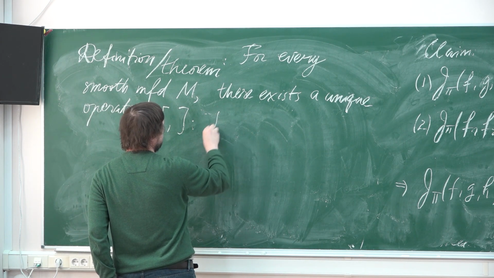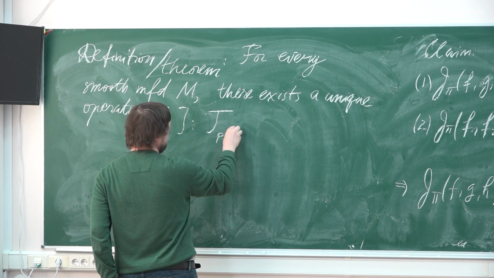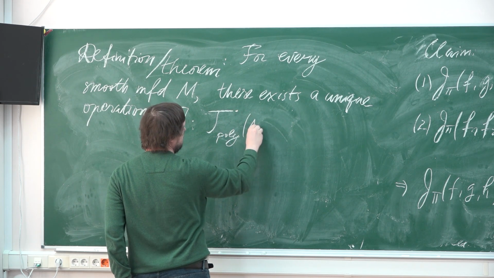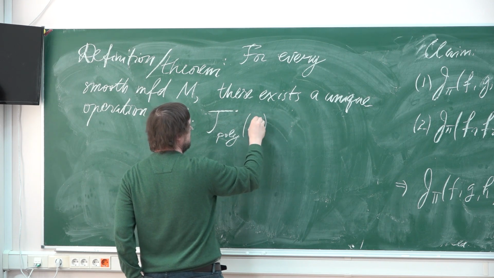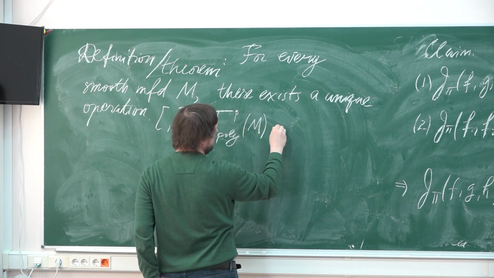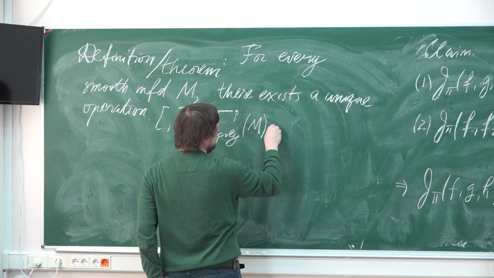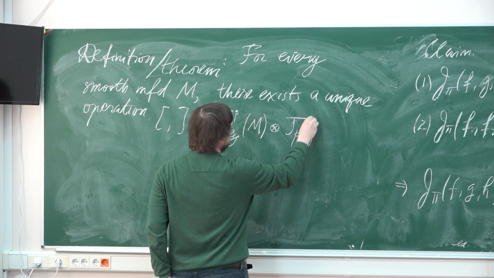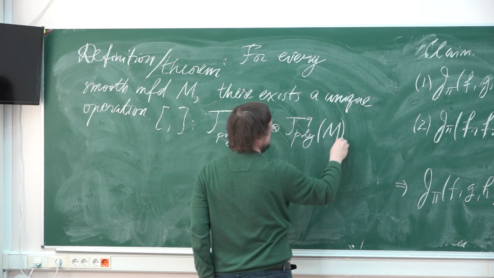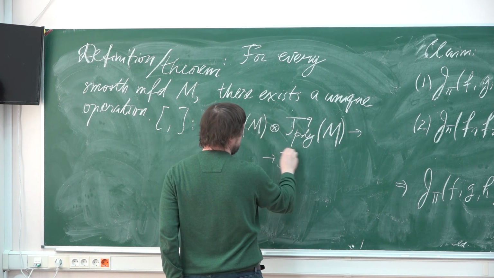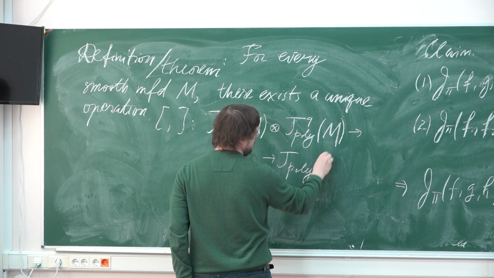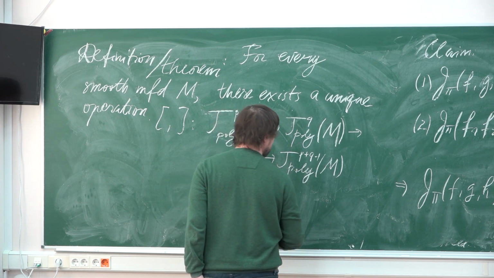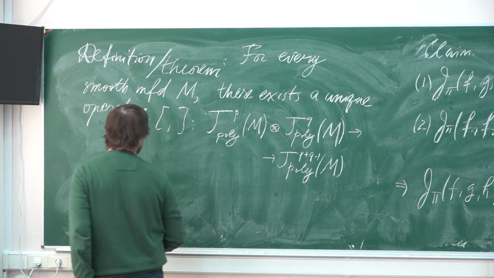Let me denote polyvector fields by the same symbol, T sub poly of M. It maps T sub poly P of M and T sub poly Q of M into T sub poly P plus Q minus 1 fields on M.